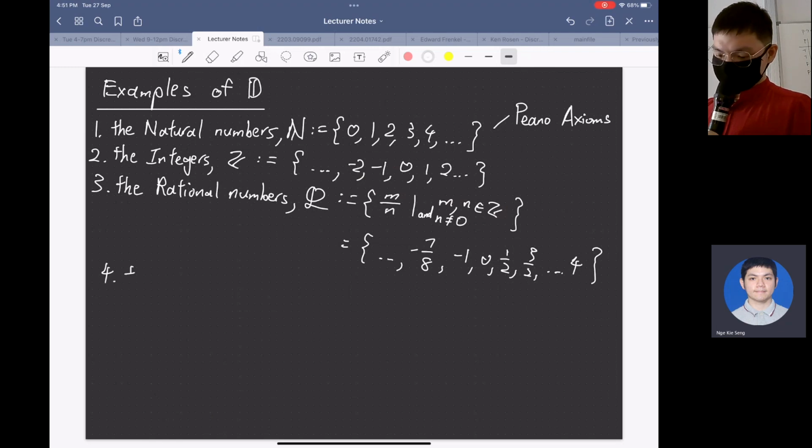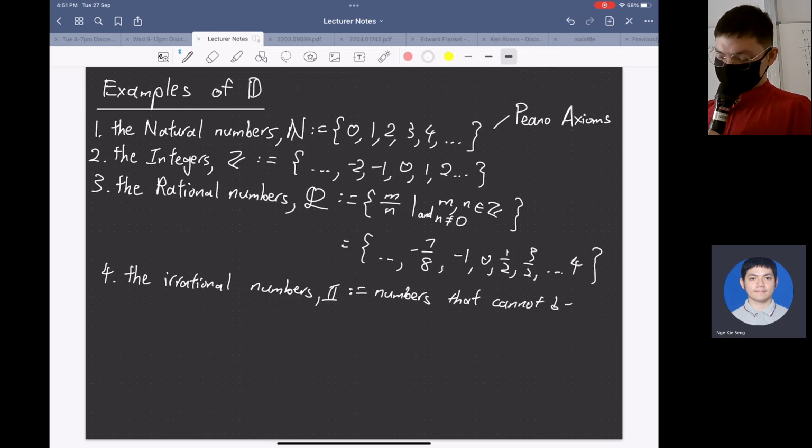And then you should know about the irrational numbers. Do you know about irrational numbers? These are numbers that cannot be expressed as a ratio of two integers.